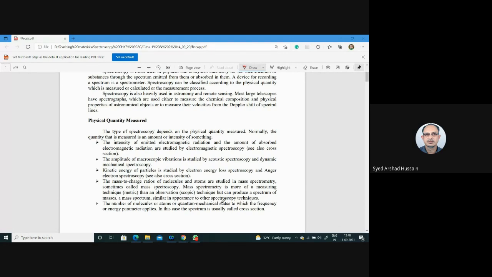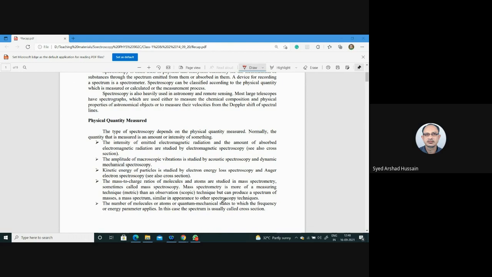For example, if you allow your radiations to interact with the material, and at the output you measure the intensity of emitted or absorbed radiation, then the corresponding system is known as electromagnetic spectroscopy, that is absorption spectroscopy or emission spectroscopy. It measures the intensity of the light emitted or absorbed by a system when it interacts with the radiations.